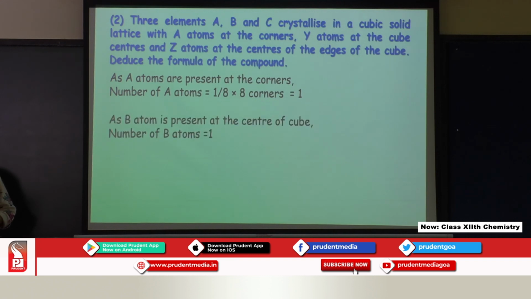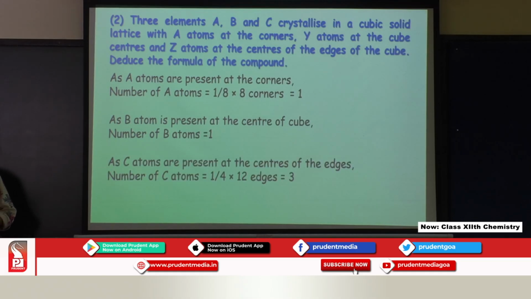B atoms are present at the center of the cube as per the data given to you. Hence, the number of B atoms will be 1. As C atoms are present at the centers of the edges, the number of C atoms will be 1 by 4, because each atom which is present at the center of a particular edge will be shared with 4 other unit cells.